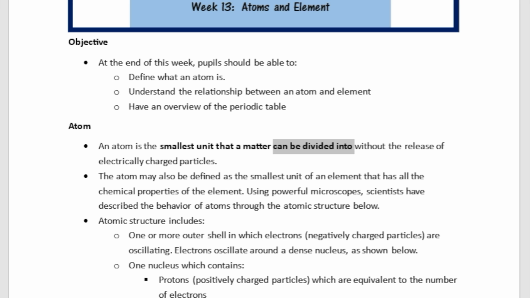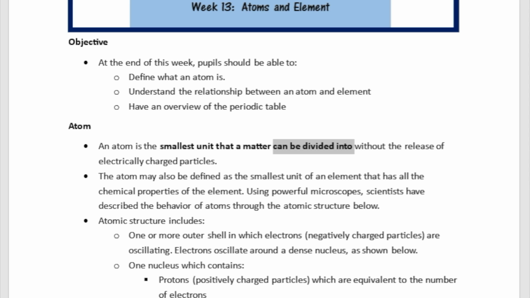Alright, so orbiting around the nucleus is going to be some negatively charged particles called electrons. And then the nucleus is going to have positively charged particles, and then neutrons, which carry no charge.